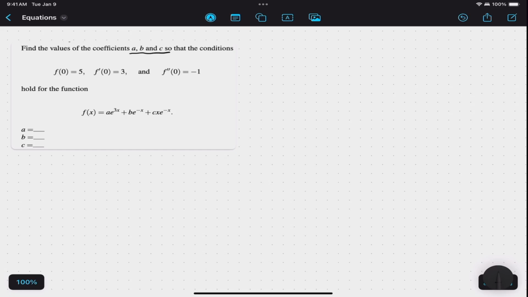So first, let's start off by finding the first equation by plugging in 0 and getting back 5. So if we plug in 0 for x, we should end up getting 5. So I'm going to say 5 is equal to, and everywhere we see an x, I'm going to replace it with 0. And now we can simplify this.